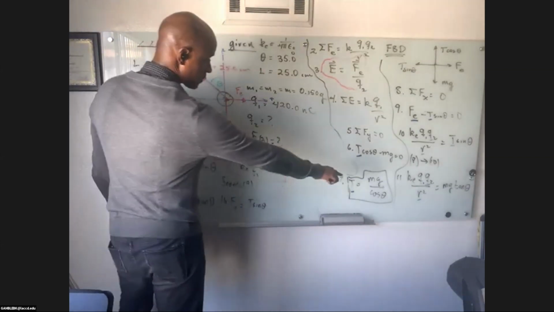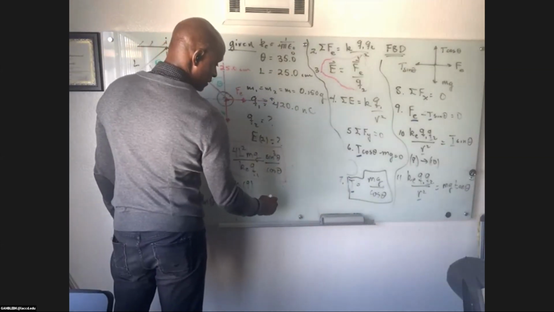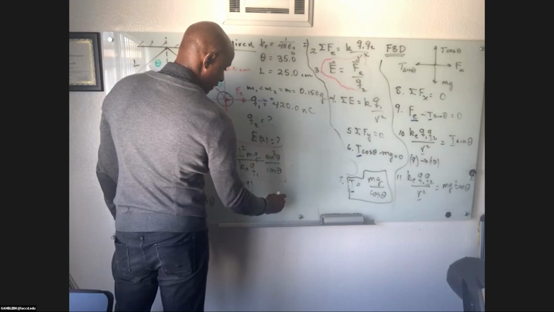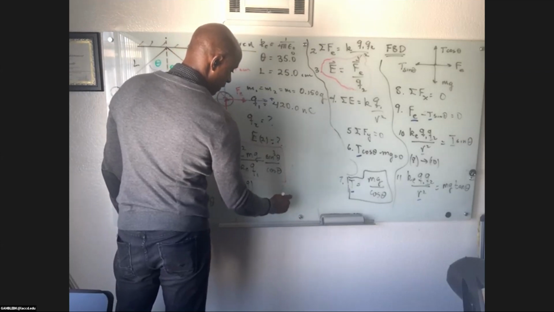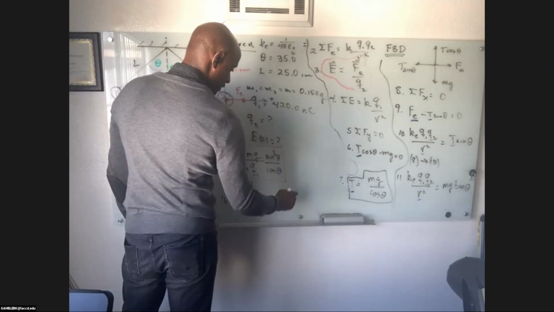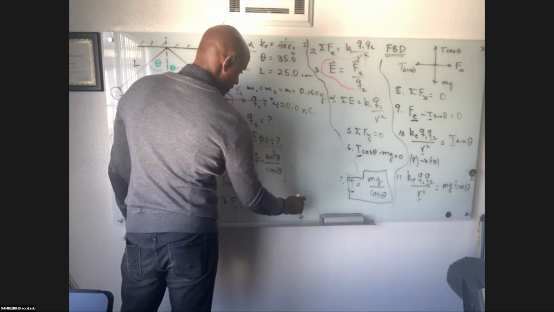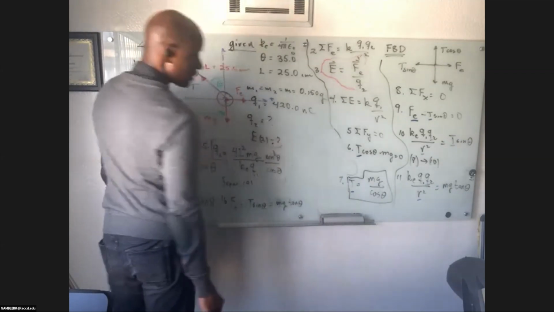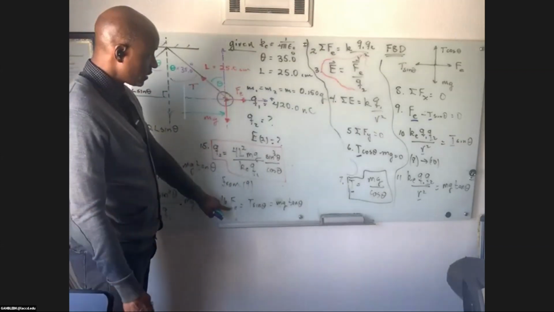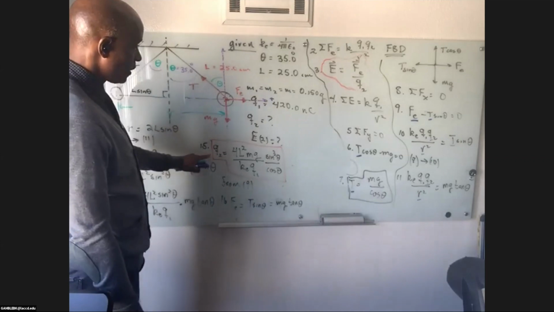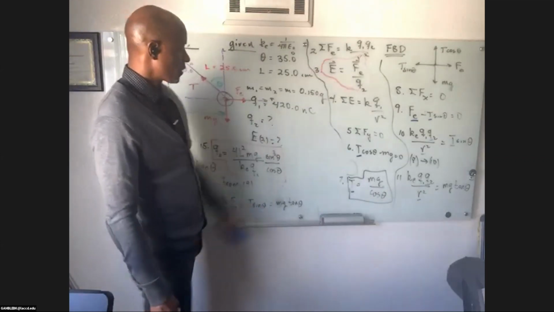But if T is equal to mg cosine theta, then FE is equal to mg times the tangent of theta. So then I would plug 16 and 15 into 3.